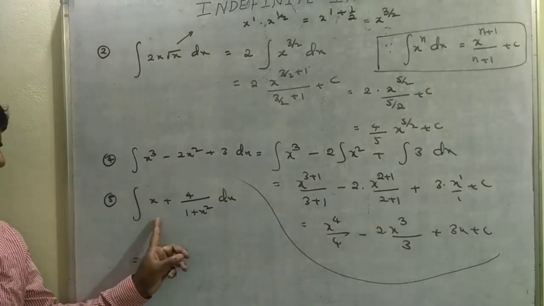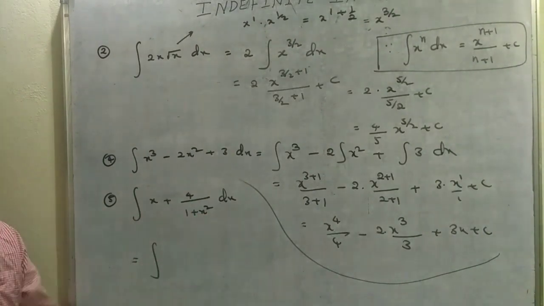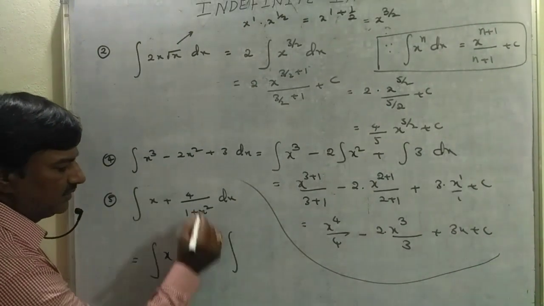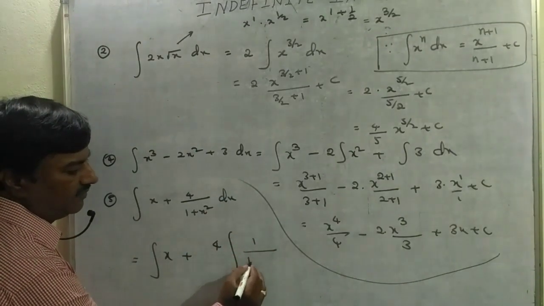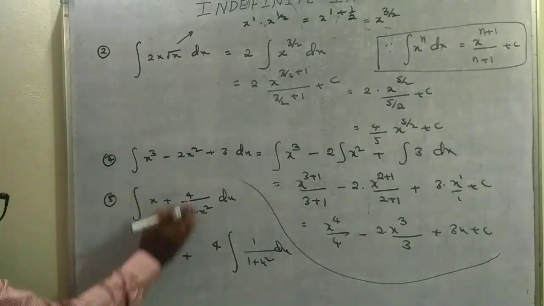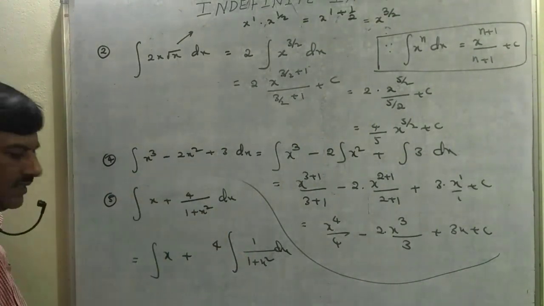Now we proceed to question number 5. Integration of x plus 4 by 1 plus x square dx. We can write the integral of x, plus 4 into the integral of 1 by 1 plus x square dx, with f's integration and g's integration separate.